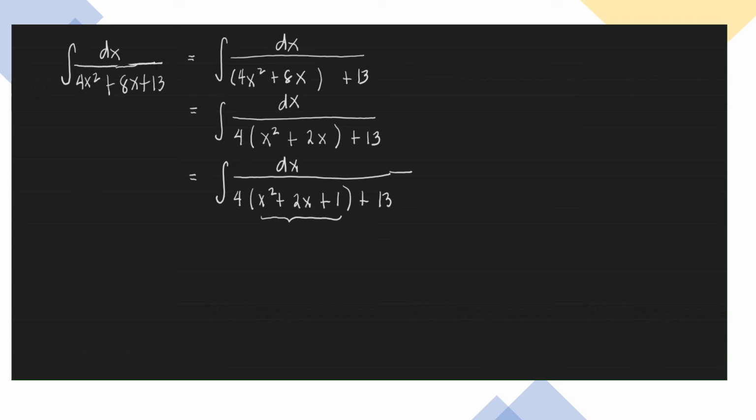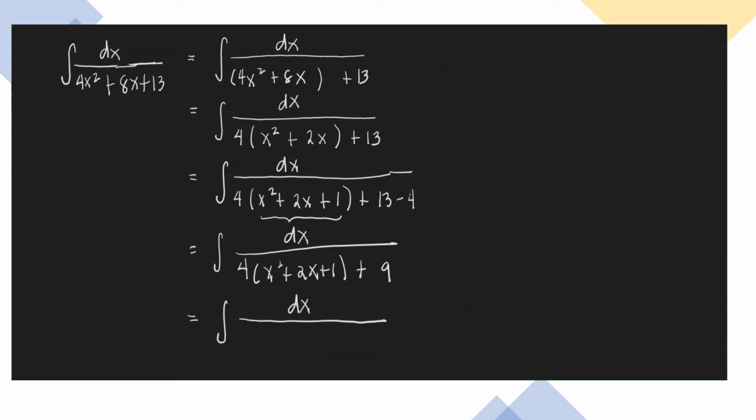So we need to subtract 4 from 13 so that the expression in the denominator will be exactly the same as the original given of 4x squared plus 8x plus 13. So simplifying, we have dx over 4 times x squared plus 2x plus 1, plus 13 minus 4, which is 9.